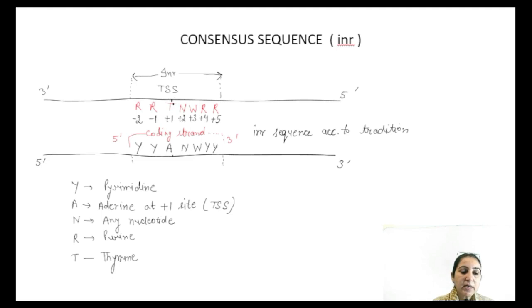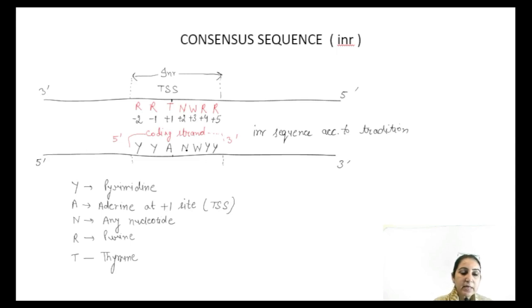TSS is our transcription start site. The INR consensus sequence is YYANWYY, and this is in the coding strand. We have shown it in the strand other than the template strand, so this strand is the coding strand.